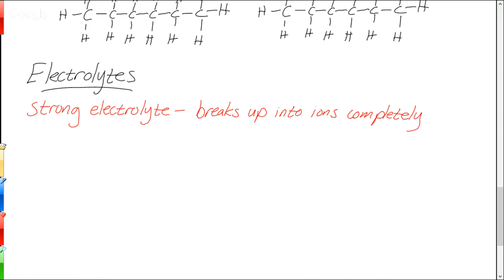When you dissolve sodium chloride in water, you get a complete separation into the two aqueous ions. So you get sodium ions, you get chloride ions. You don't have any sodium chloride compound left over in that solution. It's just ions in solution. And so we call that a strong electrolyte.